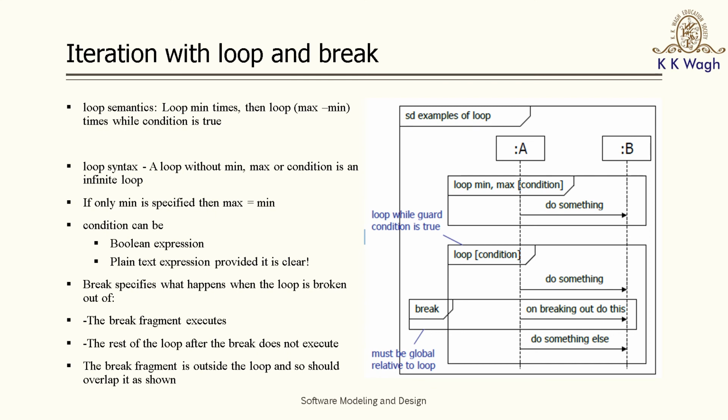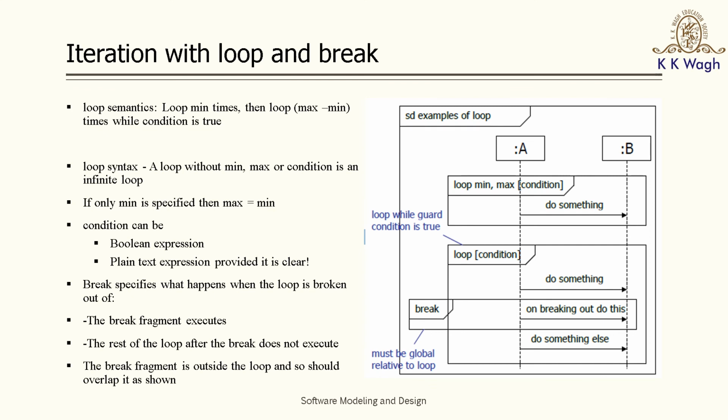It iterates from min to max, and it iterates as long as the condition is true. This combined fragment indicates loop while the guard condition is true. Only when this guard condition is true does the loop iterate.